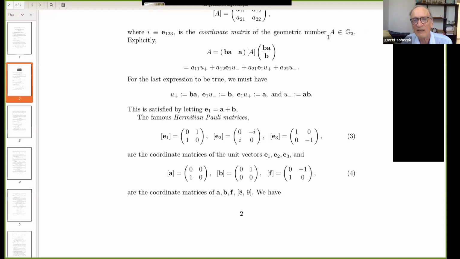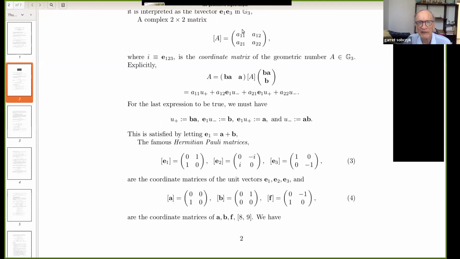Now, if we consider A to be a complex matrix, that's where we're interpreting I as equal to the unit trivector, then A11, A12, A21, A22 are complex numbers formally, because E3 is in the center. It commutes with all elements in the geometric algebra G3.